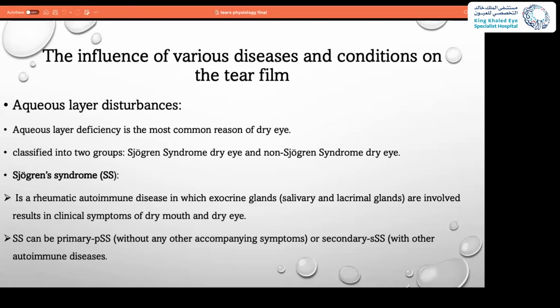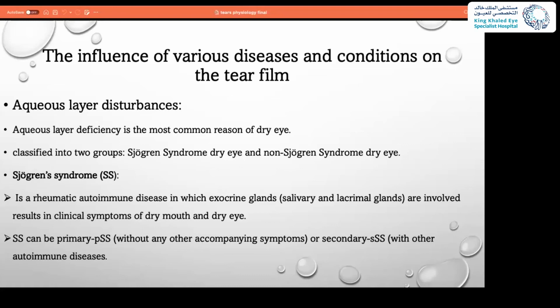Aqueous layer disturbance is the most common reason for dry eye. It's classified into two groups: Sjogren syndrome dry eye and non-Sjogren syndrome dry eye. Sjogren's syndrome is a rheumatic autoimmune disease in which the exocrine glands, salivary and lacrimal, are involved, resulting in clinical symptoms of both dry mouth and dry eye.